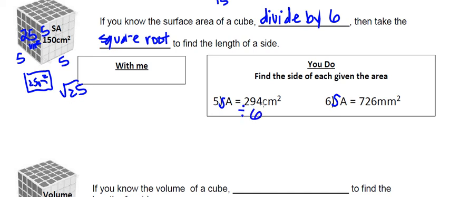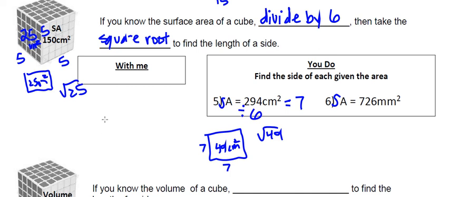So I've got 294 divided by 6. That leaves me with one square only, and it's a square that has an area of 49 centimeters squared. Now I take the square root of 49, and that tells me that each one of those sides was 7.